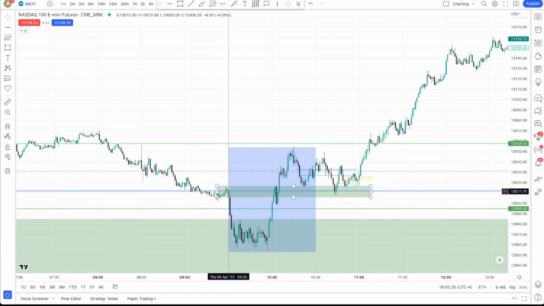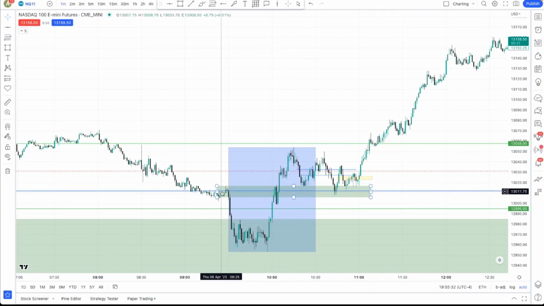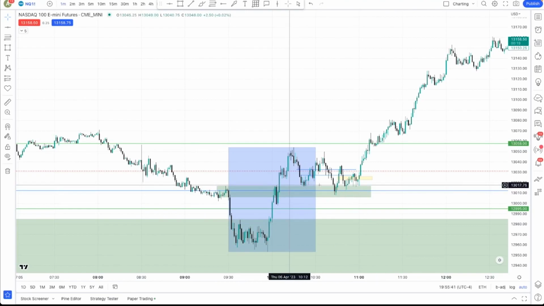Okay. So now, when price runs above this, this becomes a bullish breaker. And I had this marked out, and you run it across and price was continually supported multiple times by that bullish breaker.